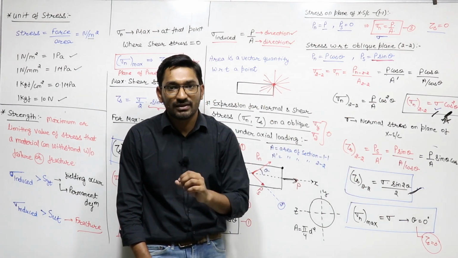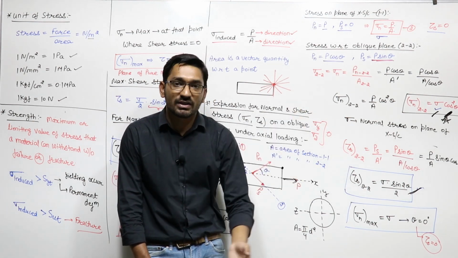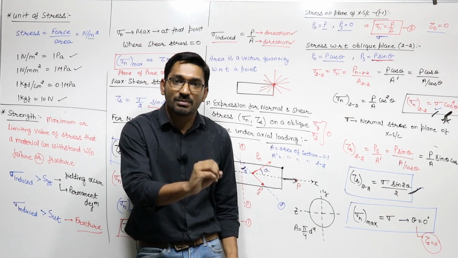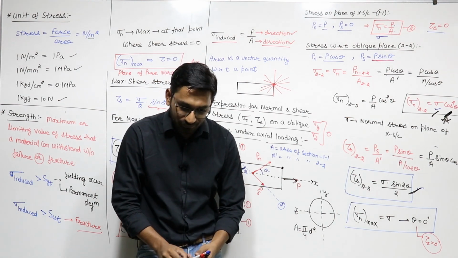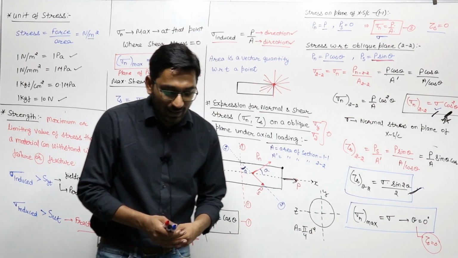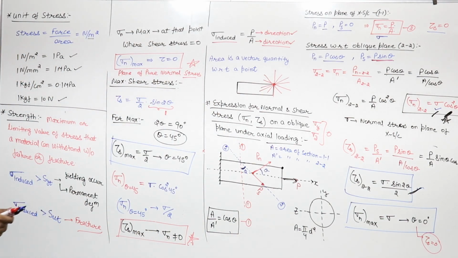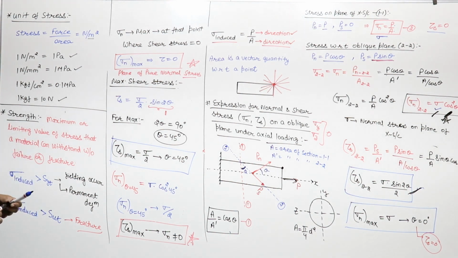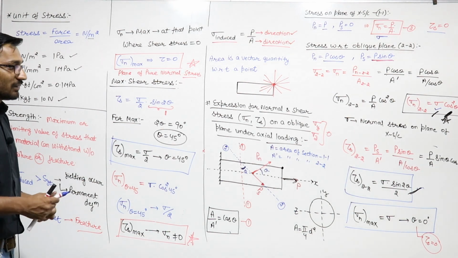You need to define this. So with the help of these equations, you can define what is the maximum value of normal and shear stress, right? And also we will be able to determine where is the plane of pure shear, where is the plane of pure normal, and what are the conditions of plane of pure shear and pure normal stresses, right?